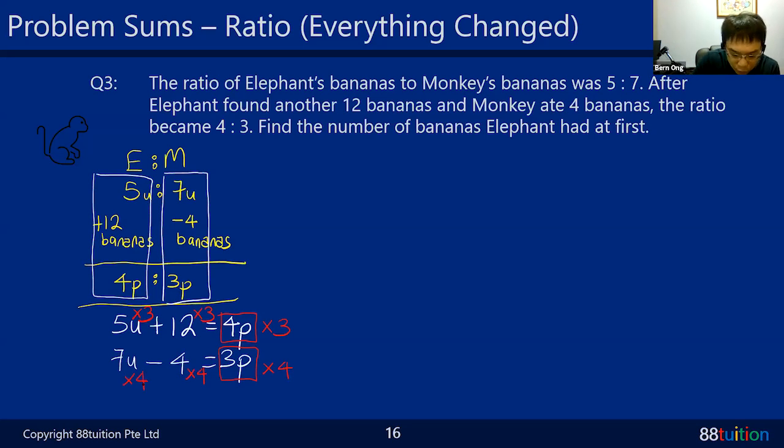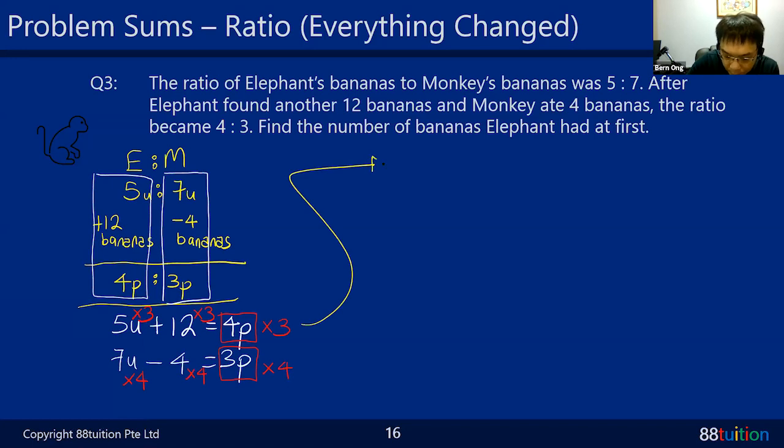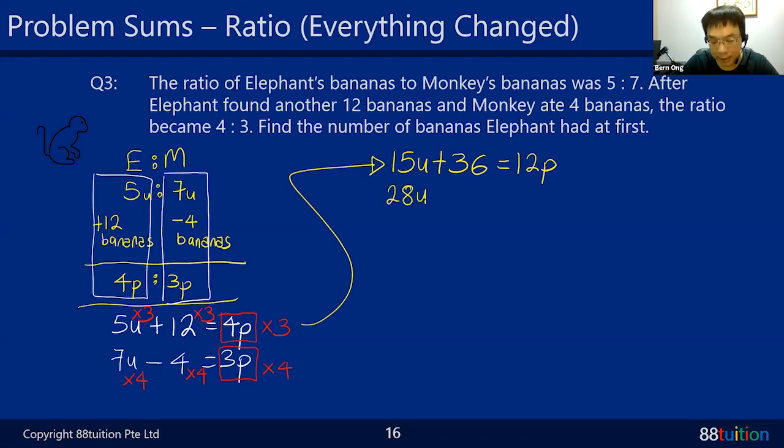So now you can rewrite again. 5 units times 3 is 15 units, plus 12 times 3, which is 36, is equal to 4 parts times 3, 12 parts. 7 units times 4 is 28 units, minus 4 times 4, 16, is equal to 12 parts.